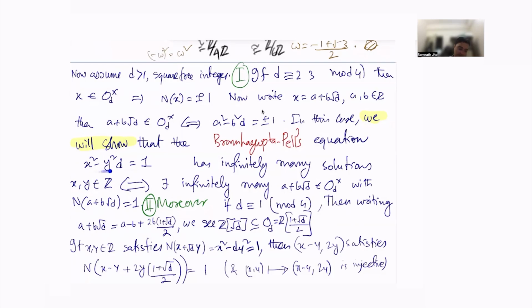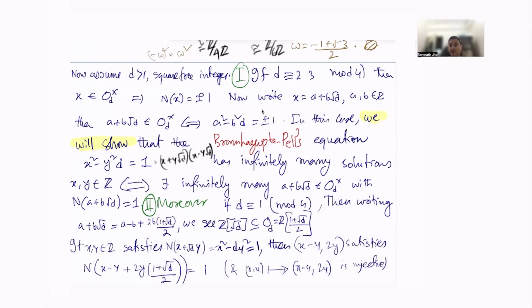Corresponding to each x, y, you take x plus y root d, and that gives you a unit. The norm can be written as x plus y root d times x minus y root d. So infinitely many x, y give rise to infinitely many x plus y root d, all of norm 1.